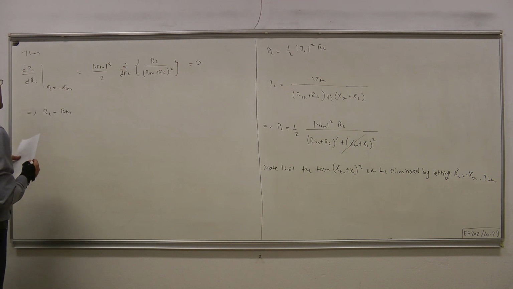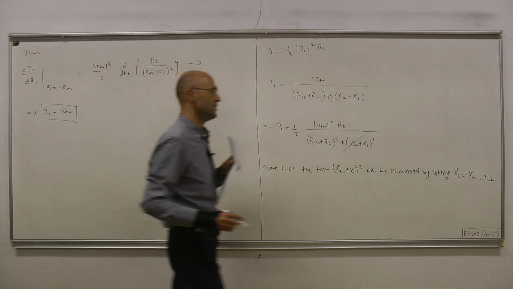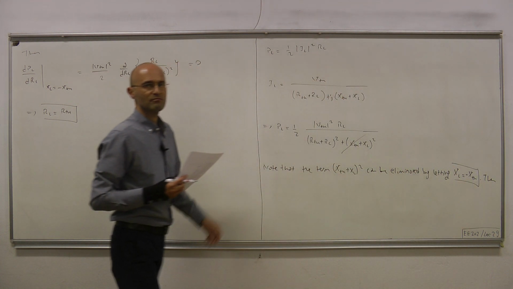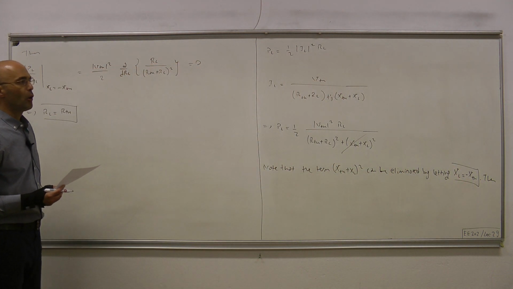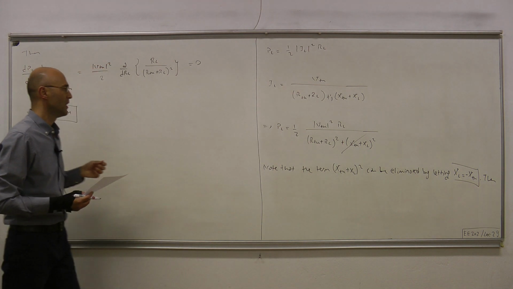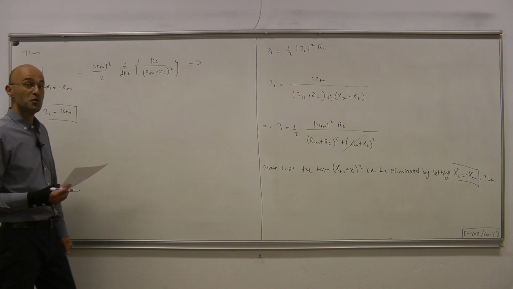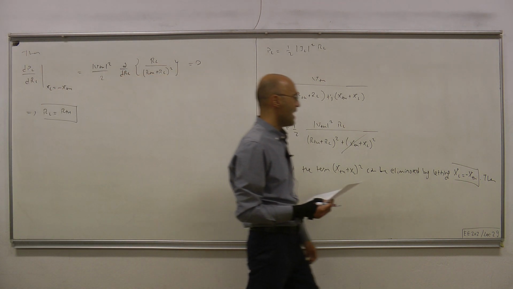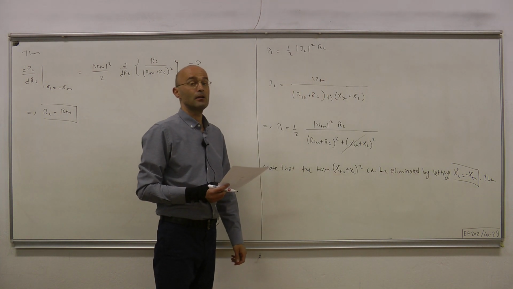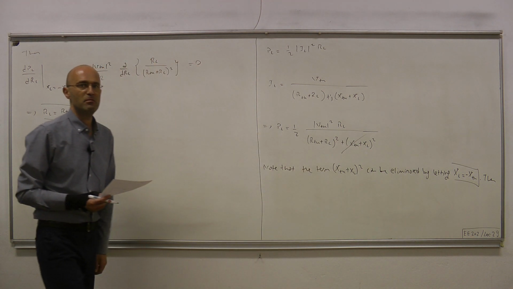Okay, so what we have obtained, therefore, is something that's very easy to remember. When the load impedance is your design parameter to maximize the power, you choose the real part of the load equal to the real part of the Thevenin impedance, and the imaginary part of the load impedance equal to minus the imaginary part of the Thevenin impedance.